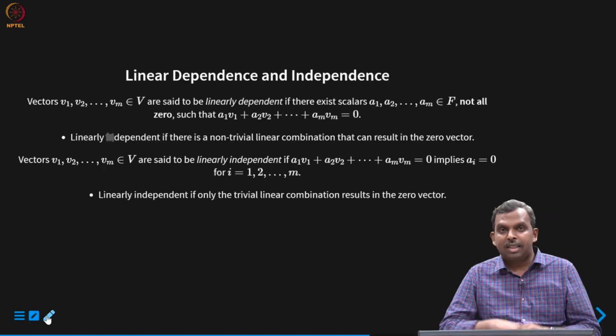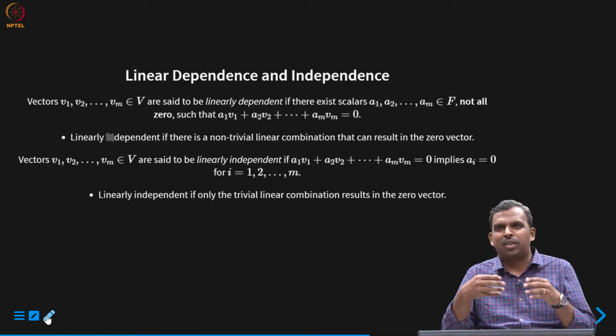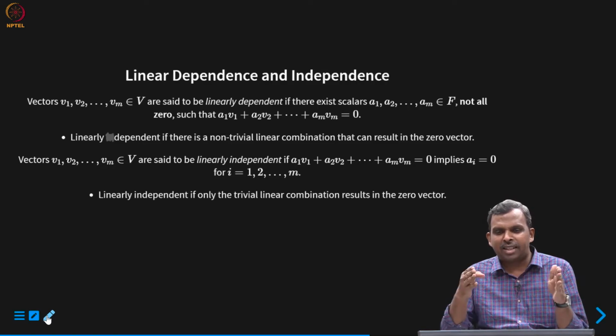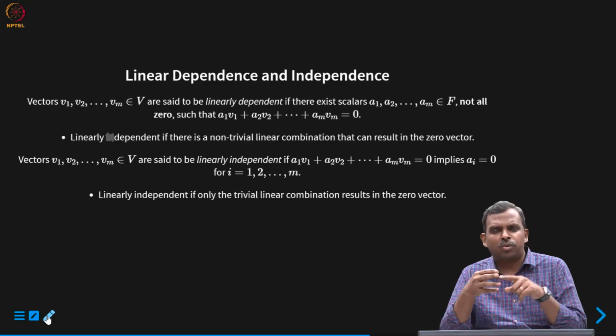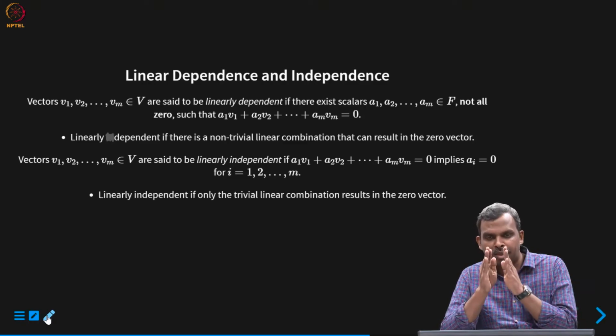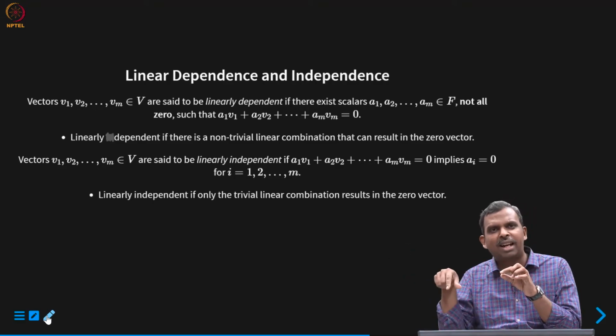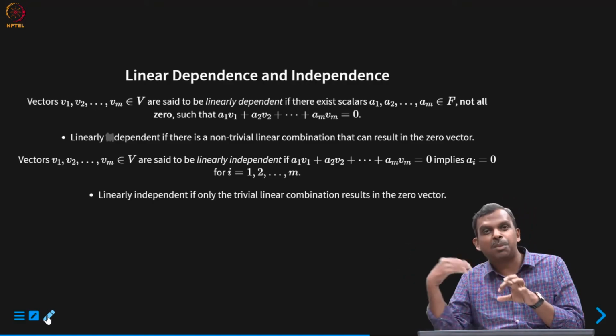This is important, because if there is a set of vectors and they are linearly dependent, there is something redundant about them. It's almost as if one can be formed through the others. If you have a linear combination with a non-zero coefficient, you can keep that term alone on one side, move everything else to the other side, and then divide to get one vector in terms of the other vectors.